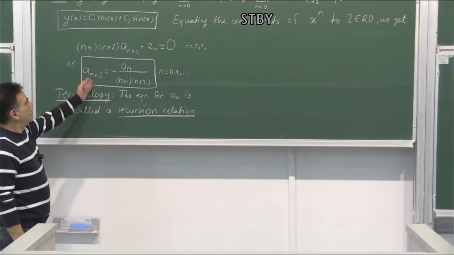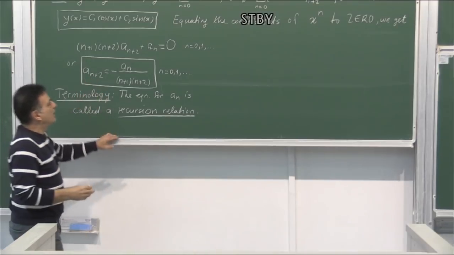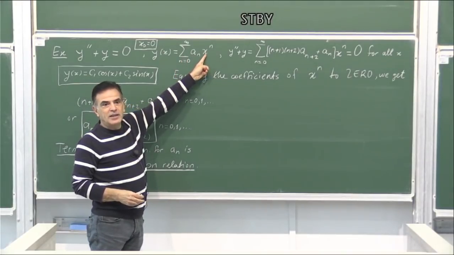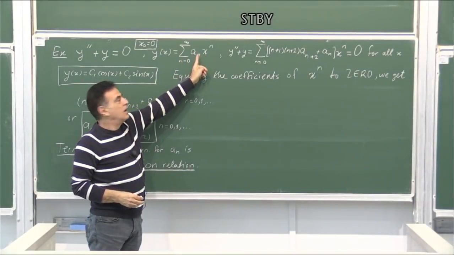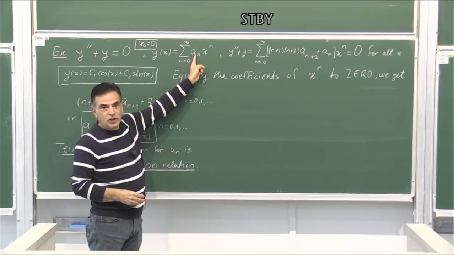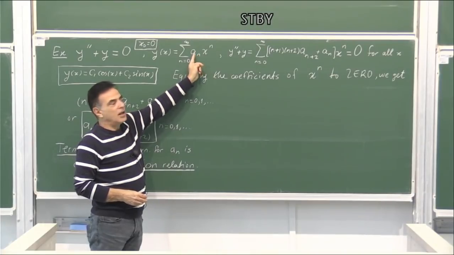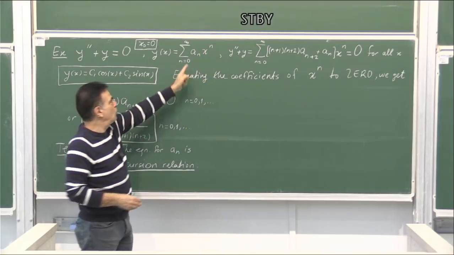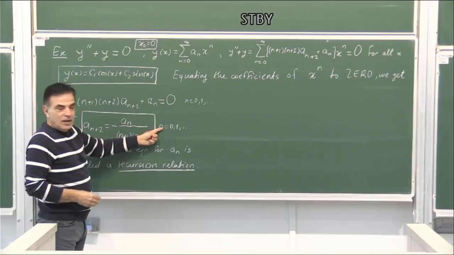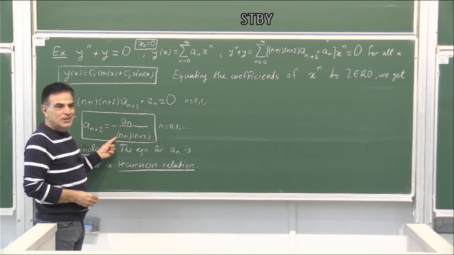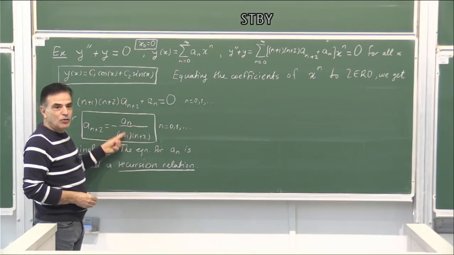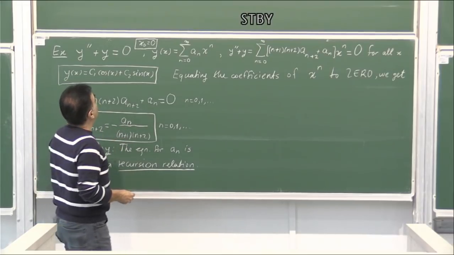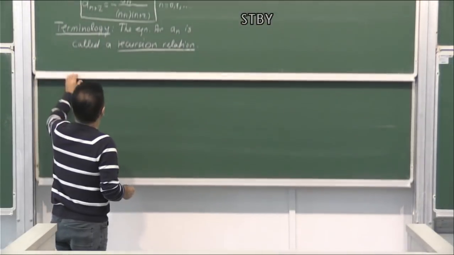As you understand, in the proposed solution, the sum of a_n x to power n, it seems that there are infinitely many unknown coefficients. a0, a1, a2, a3, and so on are all unknowns. And we have infinitely many equations in infinitely many unknowns a_n. Good? So let us solve the recurrence equation.